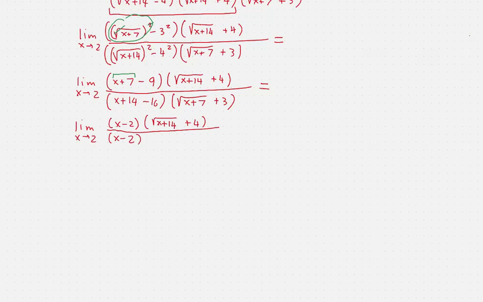So this gets cancelled with that. And now what we're left with are quantities that do not have any risk of generating the dreaded 0 over 0. So we have square root of x plus 14 plus 4, that's the important part, and square root of x plus 7 plus 3.